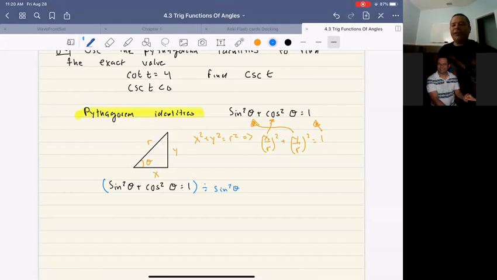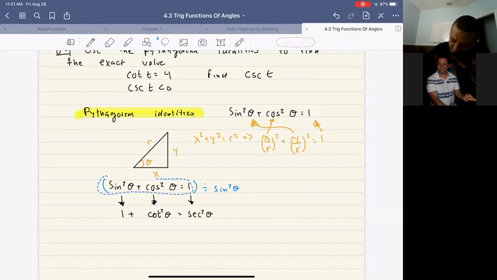So if I divide every term by sine squared of theta, what do I get? 1 plus cosine over sine is cotangent equals 1 over sine is secant. Okay.